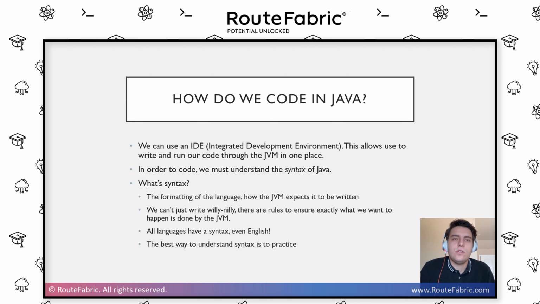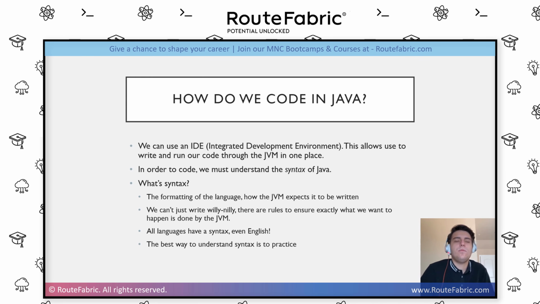In order to code in Java, we must understand the syntax of Java. So what's syntax? This is basically the formatting of the language, how the JVM expects Java to be written. A lot of people, when they first start coding in a new language, or if it's their first time coding in any language, get really caught up on the syntax, and it can be confusing.